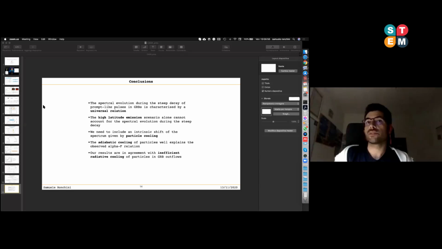So we are observing them really on axis, within a few degrees, so we don't expect that this small inclination angle gives a lot of differences. If instead we focus on less bright GRBs, maybe we are observing a bit off axis, and this can give a different behavior, I think, yes. Okay, thank you.